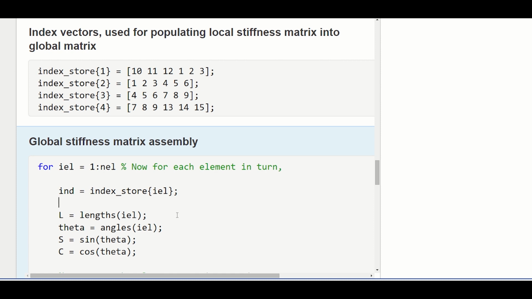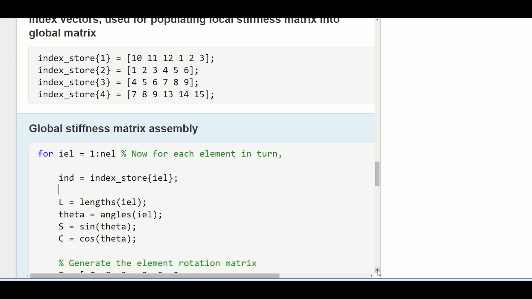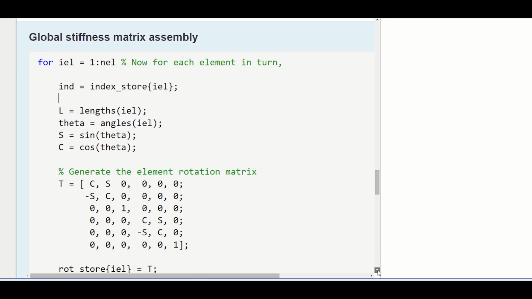So calling each element's length, and each element's angle, and then putting it into S and C to calculate a rotational matrix for each element's transformation matrix.